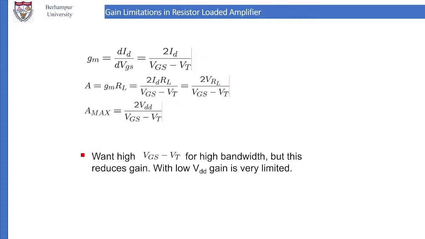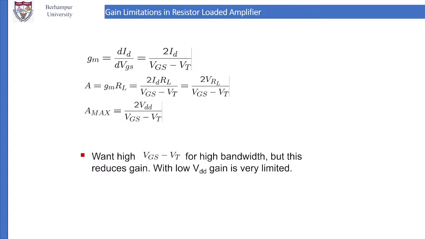This we have already discussed. When we started discussing bandwidth, we said that bandwidth is proportional to VGS minus VT.